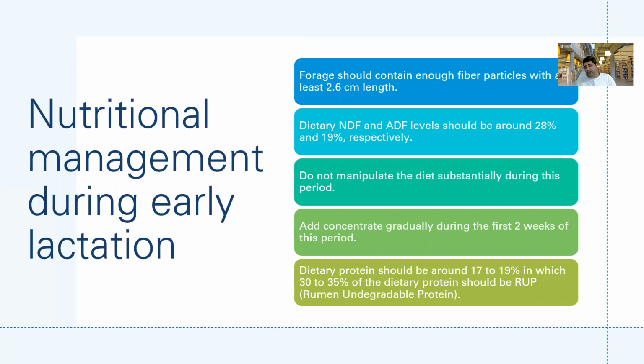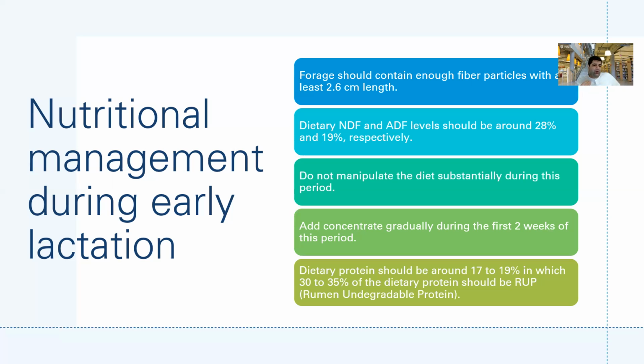consider is forage. Forage should contain enough fiber particles with at least 2.6 centimeter length, because we want to stimulate rumination and chewing, so that by increasing the level of concentrate in the final diet, the cow should not experience any disorders related to drop in ruminal pH, I mean acidosis.